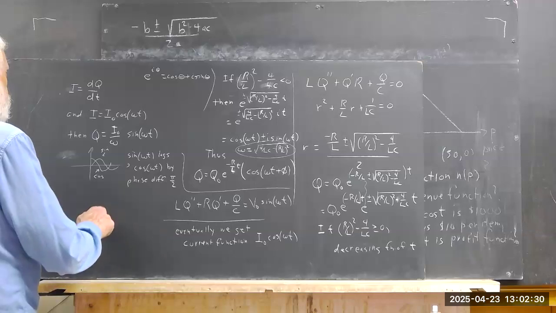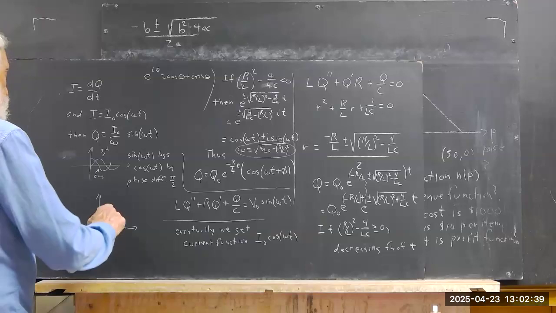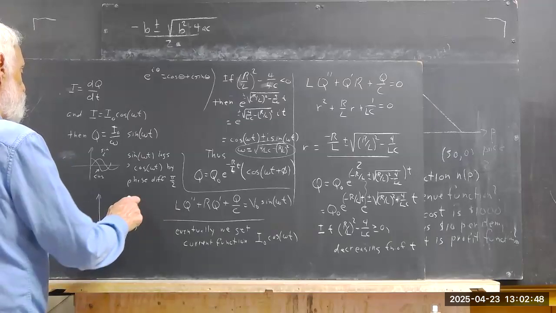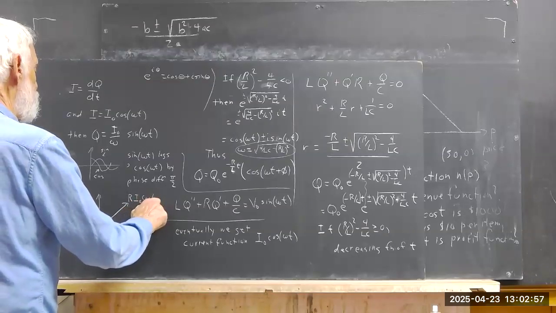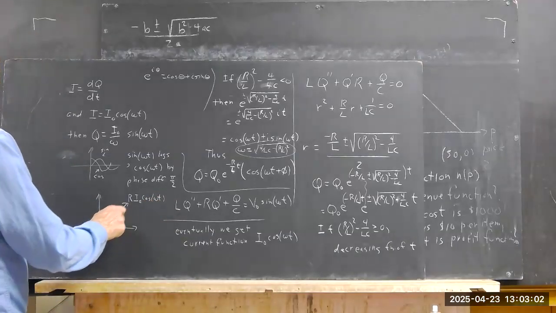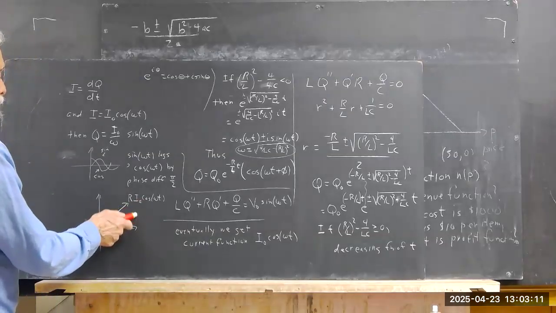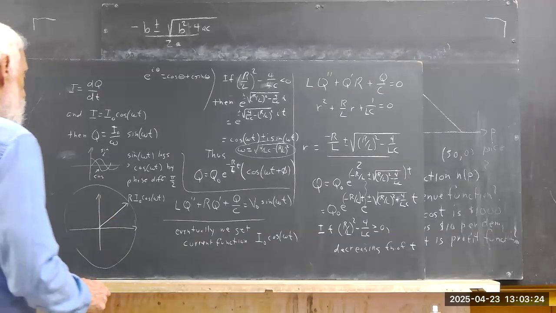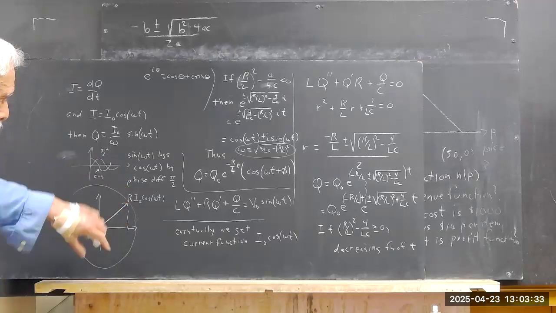Well, this means, just as in the phasor diagram earlier, that if the current through the resistor is like this on a circular diagram, where the actual current is here, so there's your actual current.